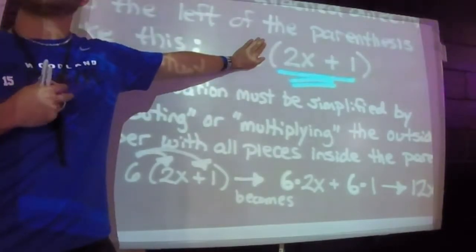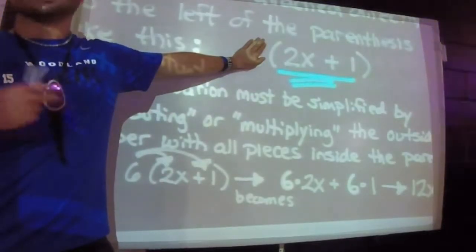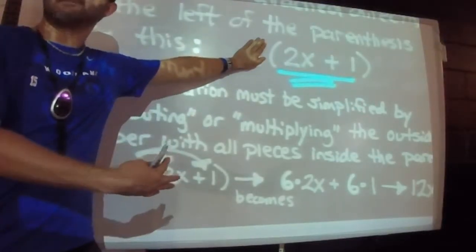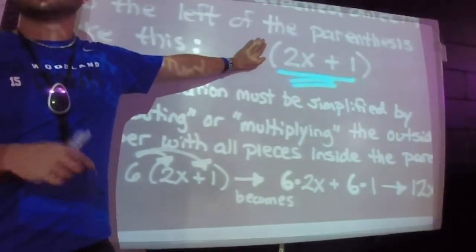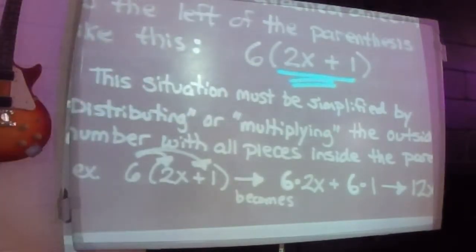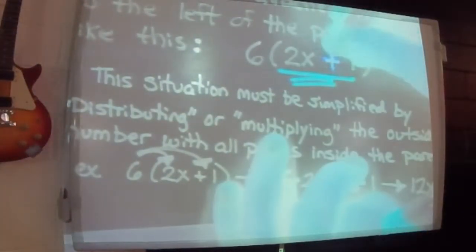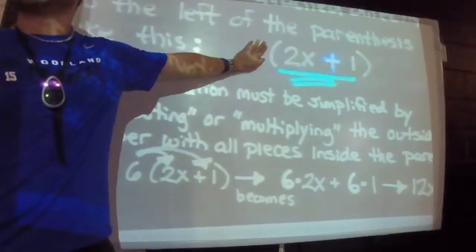How do I know that that thing is an expression? There's no equal sign. It looks like a couple of pieces. How many terms are inside that parenthesis? 2. How do we know? They're separated by this 1 plus sign. So basically, inside the parenthesis is an expression with 2 pieces.